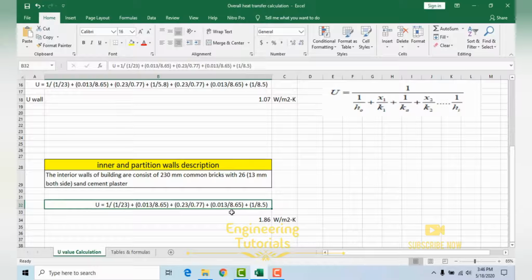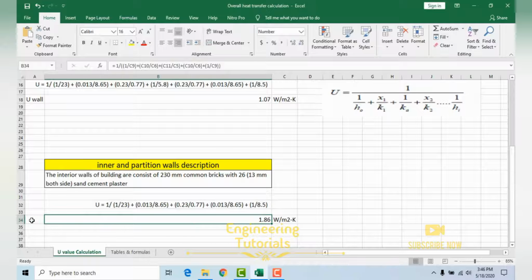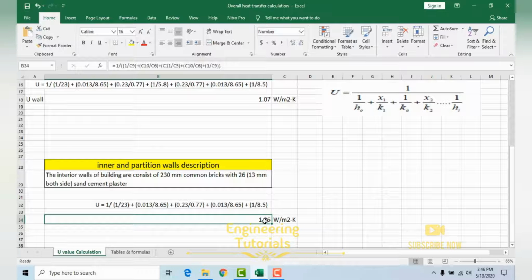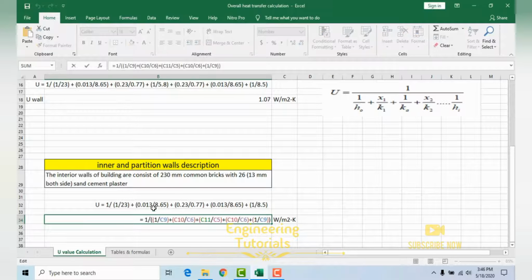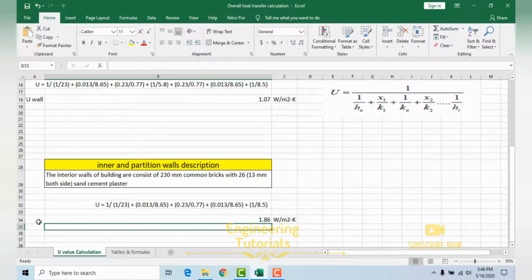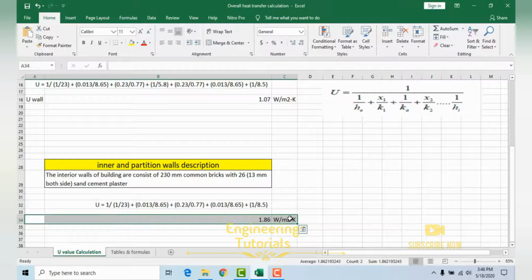This is how you have to put all the values, and you will get the inside wall or partition wall overall heat transfer coefficient U value. As you can see, this is the formula I have already applied here. After adding all the values, you will get the overall heat transfer coefficient U value of the inner or partition wall as 1.86 watt per square meter Kelvin.